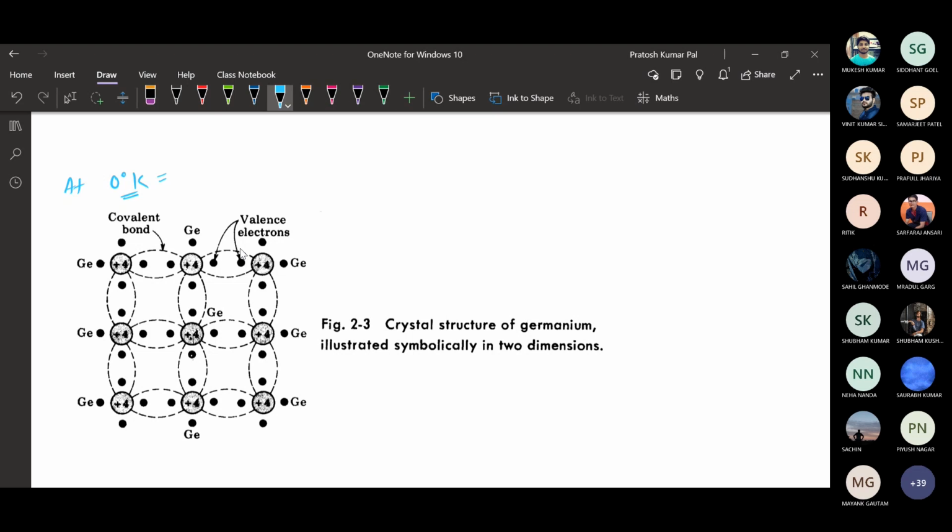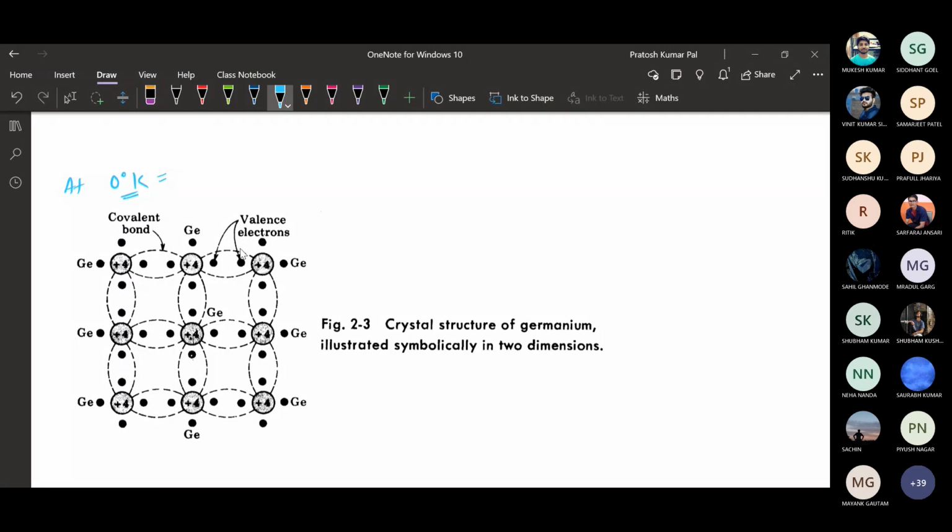In the crystal, the different atoms of germanium are related: one germanium atom forms bonds with another by sharing its outer shell or valence electrons. With 4 valence electrons, one germanium atom shares electrons with 4 different atoms.